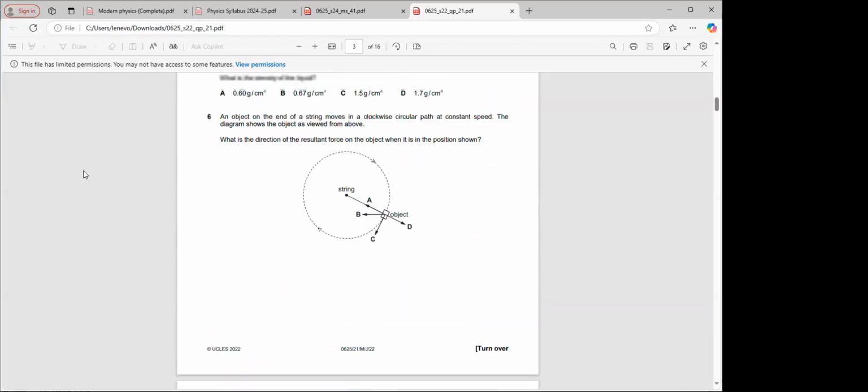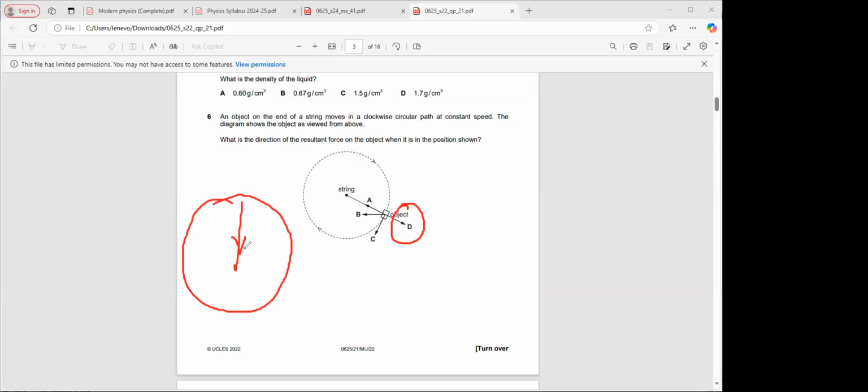Ahnaf, what is this force, by the way? This one. I don't know what that is. Okay, you told me towards the center is the centripetal force. What's the formula for the centripetal force? There's a formula for centripetal force.